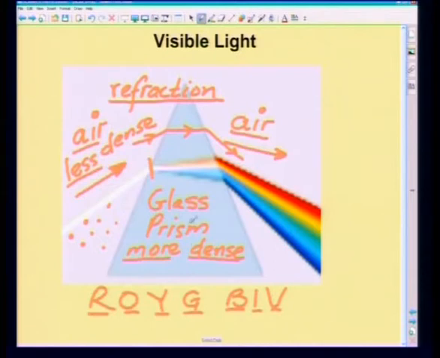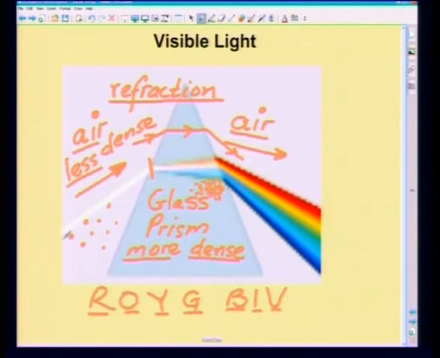But here, inside the prism, the particles are so close to each other and they are compact. It's not easy to push them around. So that's what we mean by something being more dense. Particles are close to each other.